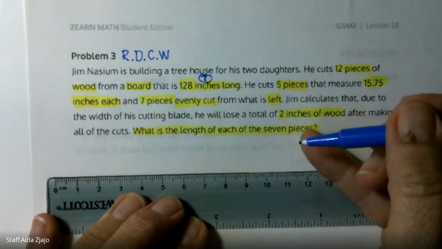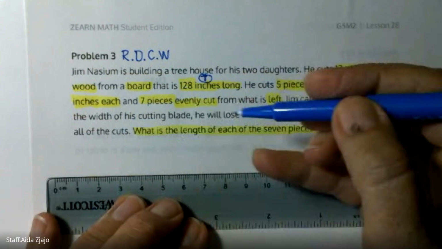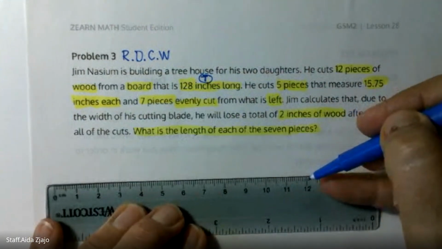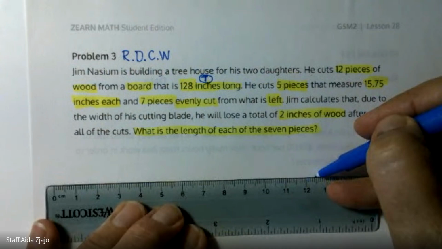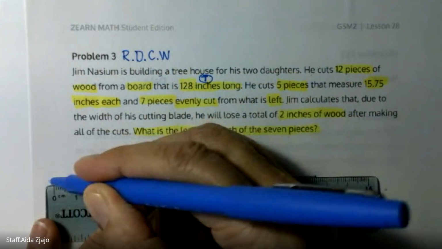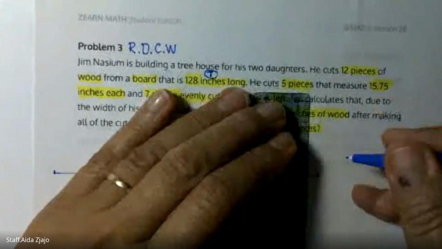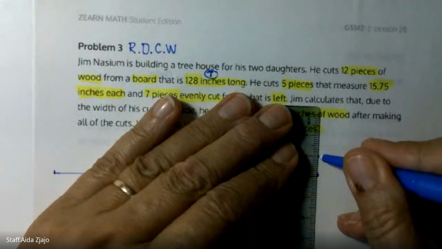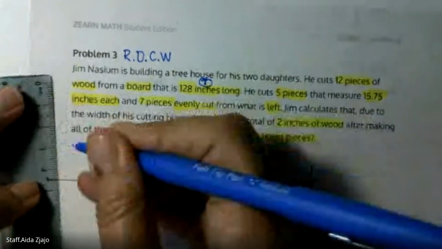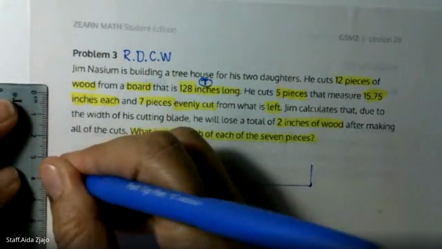If we have a piece to be this big, for example, that's the total board. I'm going to take a tape diagram to be that board.